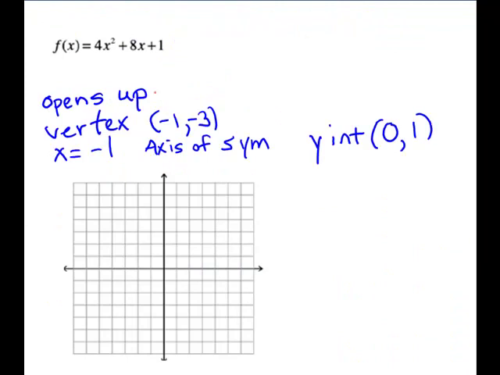The first thing you really do need to know is which way it opens. Because this a is positive, it's going to open up. Then you need the vertex, which we found with the formula. So we have (-1, -3). This is my axis of symmetry.